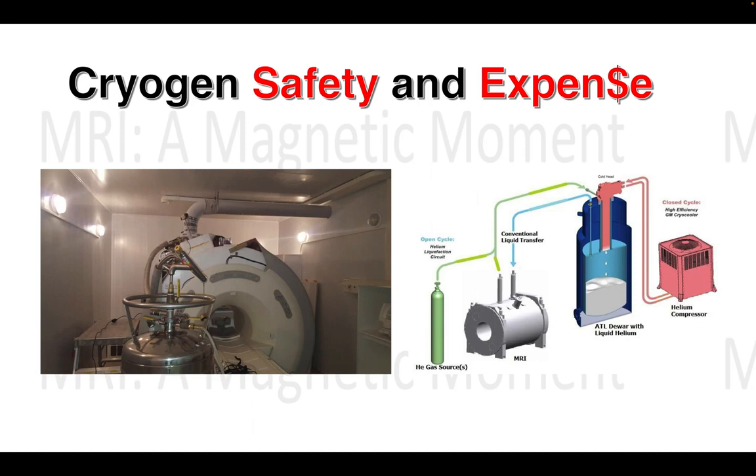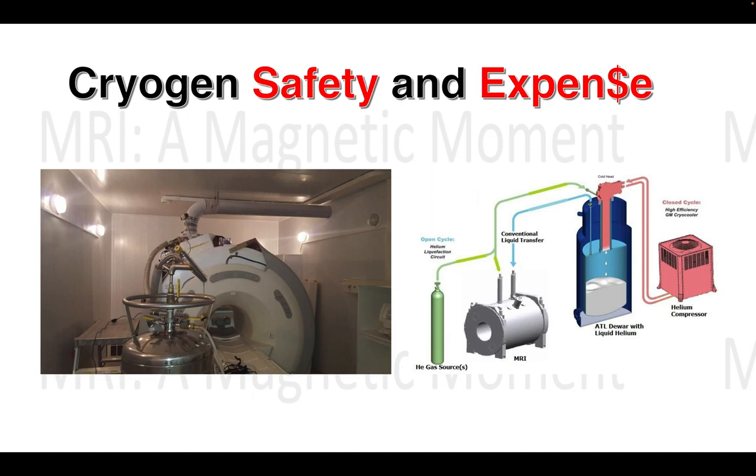We'll learn more about various types of magnets in the instrumentation module, but for right now, remember that liquid helium is considered to be the best element for achieving a cool superconducting magnet. Liquid helium is expensive, approximately $20 to $30 per liter. It is recommended by most vendors like Siemens, GE and Philips to refill the MRI machine with liquid helium before it goes below 65%.